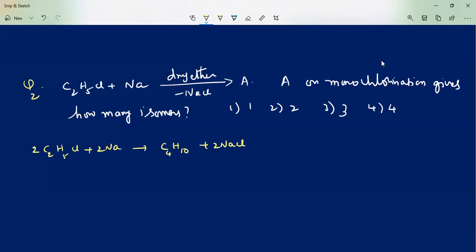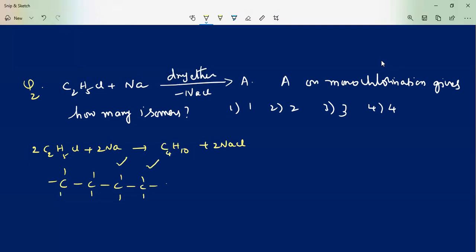This C4H10 we can write like this; the remaining parts are hydrogens only. The question is about monochlorination, which is possible on every carbon we have.